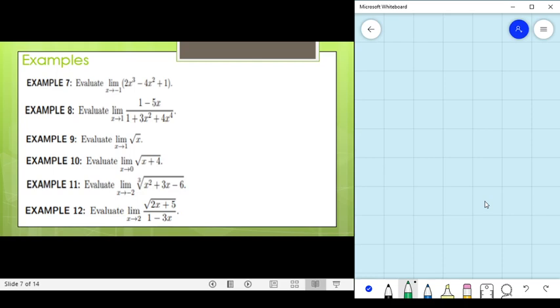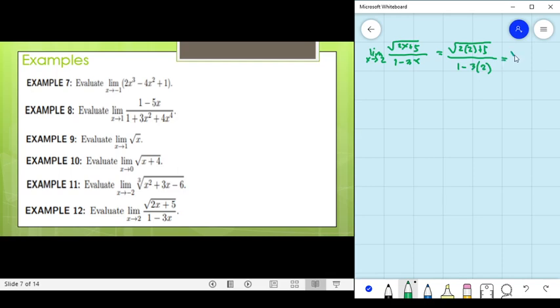Example number 12 is about evaluating the limit of the square root of 2x plus 5 all over 1 minus 3x as x approaches 2. So evaluating, we have the square root of 2 times 2 plus 5 all over 1 minus 3 times 2.